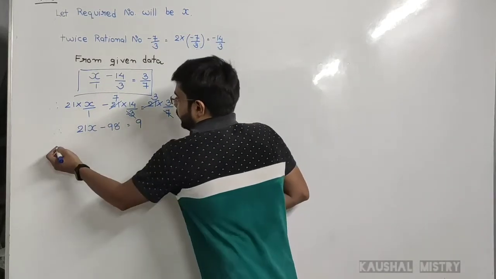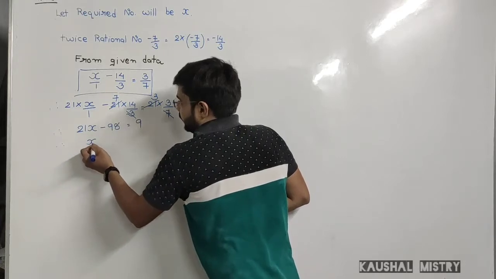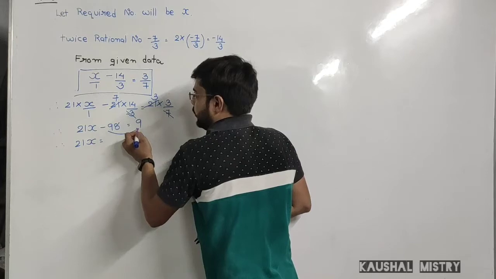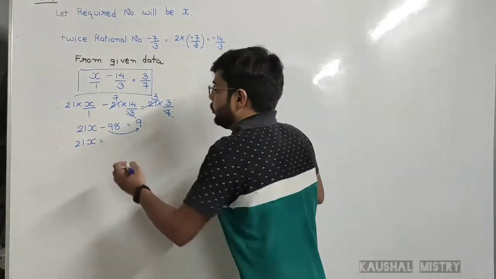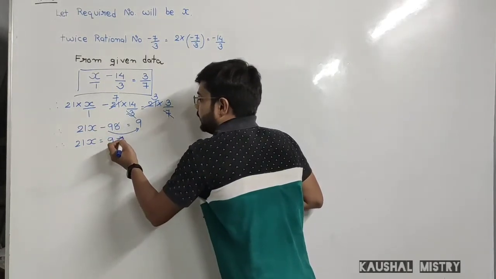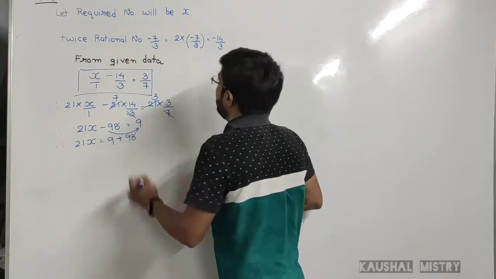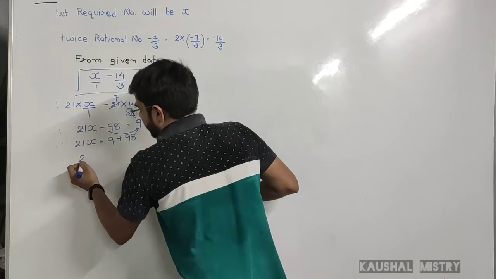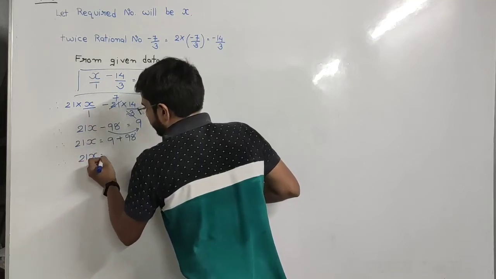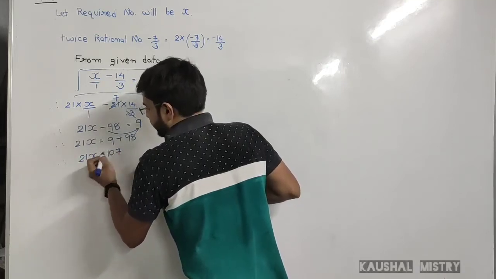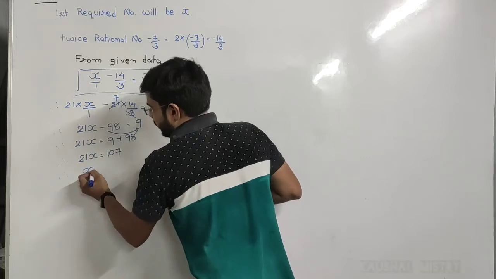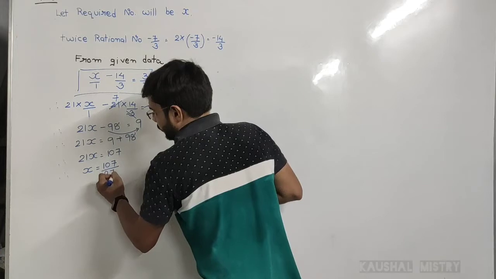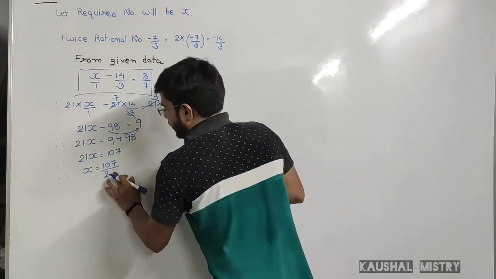Correct? Now therefore 21x will be, this 98 comes on this side and becomes plus, so 9 plus 98, right? 21x is equal to 107, so x is equal to 107 by 21.